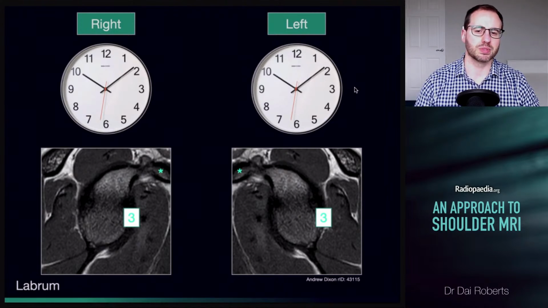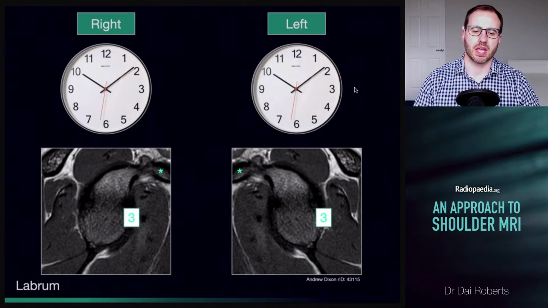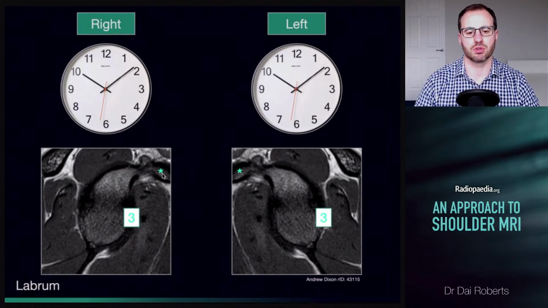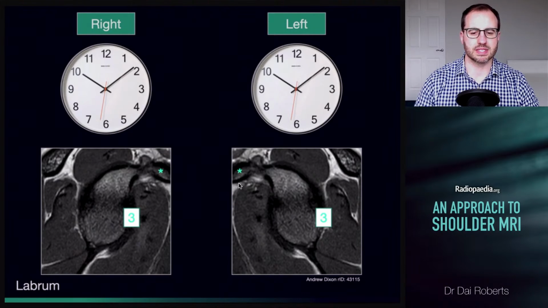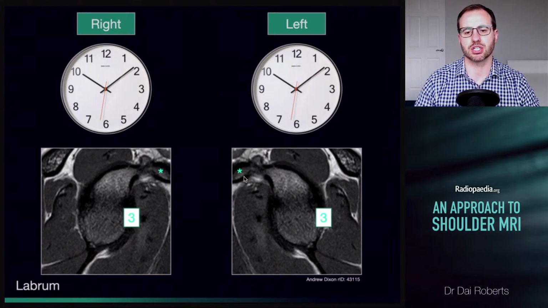We've got our normal position of our clock faces, and again we're using our bony process here of the coracoid process, and that is an anterior structure. So on the right we've got the 3 o'clock position, which is the anterior glenoid. Now if the sagittal oblique sequences are uploaded as shown, we can see that the anterior is actually going to be the 9 o'clock position and 3 o'clock is posterior.